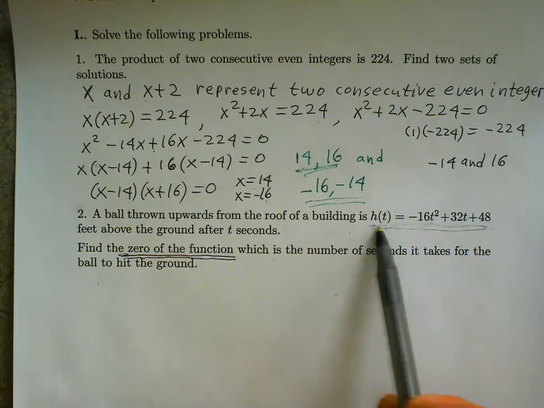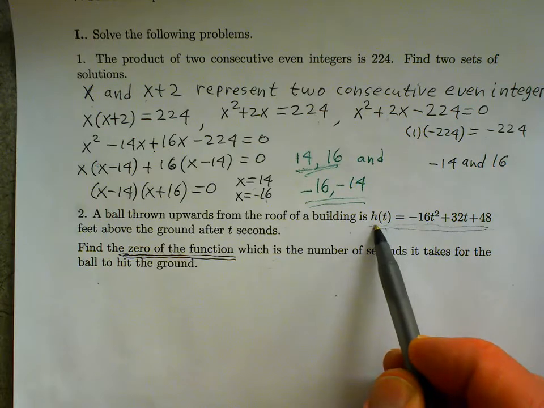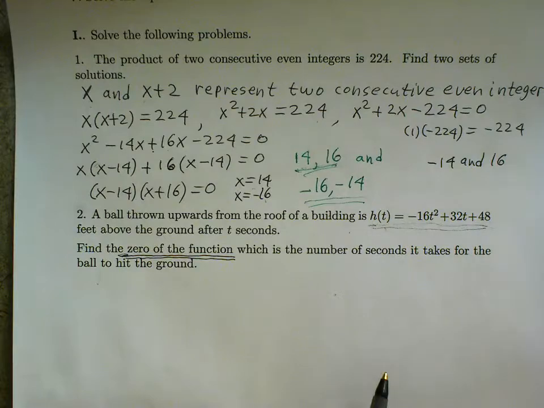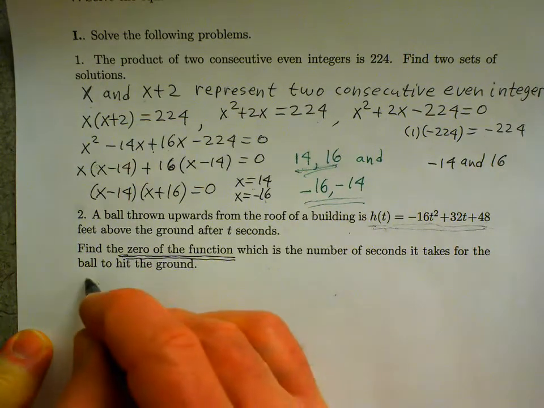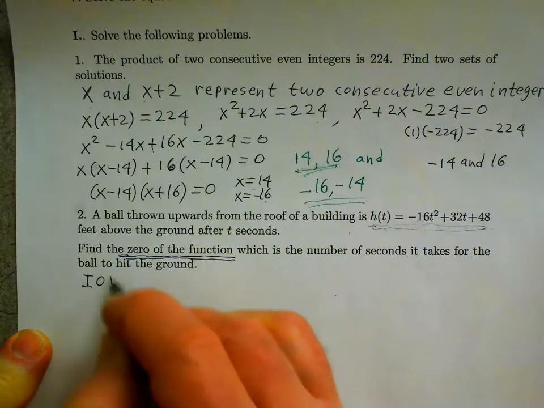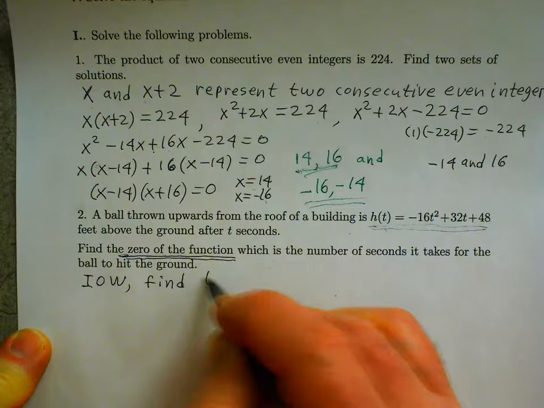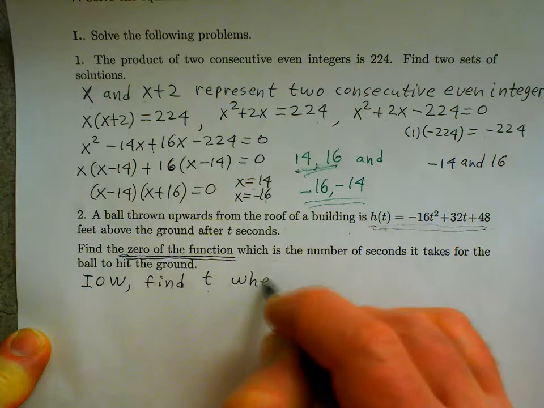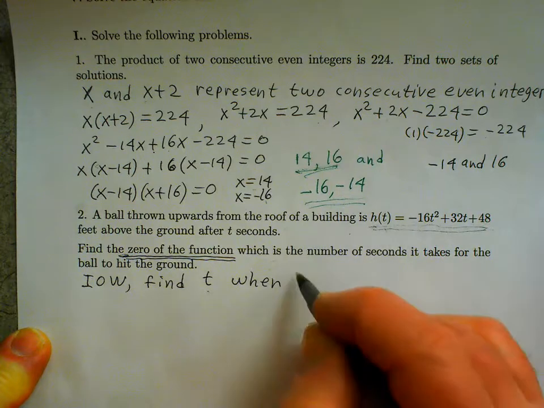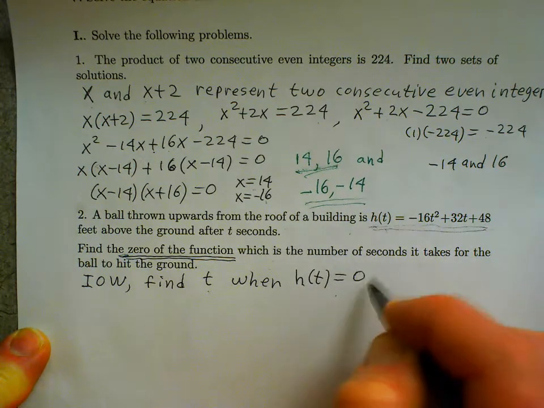And when the ball hits the ground, its height above the ground is 0 feet. So in other words, find the value of t when the height, h of t, is equal to 0.